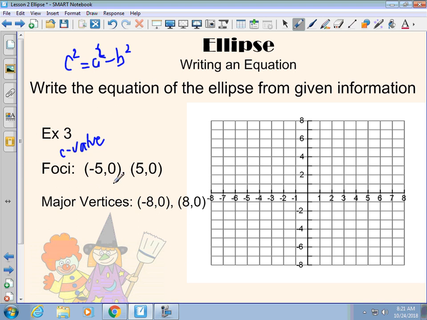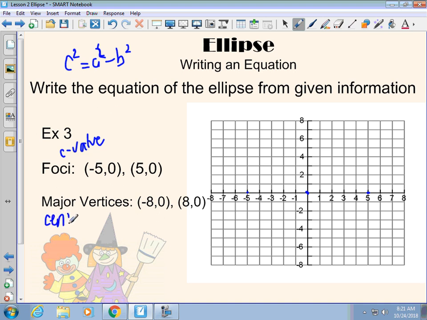Okay, and then the major vertice again gives us the A value. So if I plot the points -5, 0 and 5, 0, and I find the center, which ends up being for us 0, 0, okay, because it's the one that's in between the two. I now have my center point, right? So I'm going to write that down so I remember it.